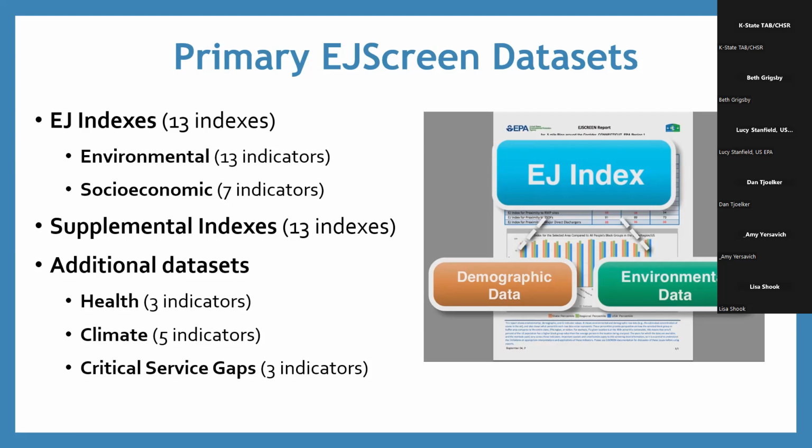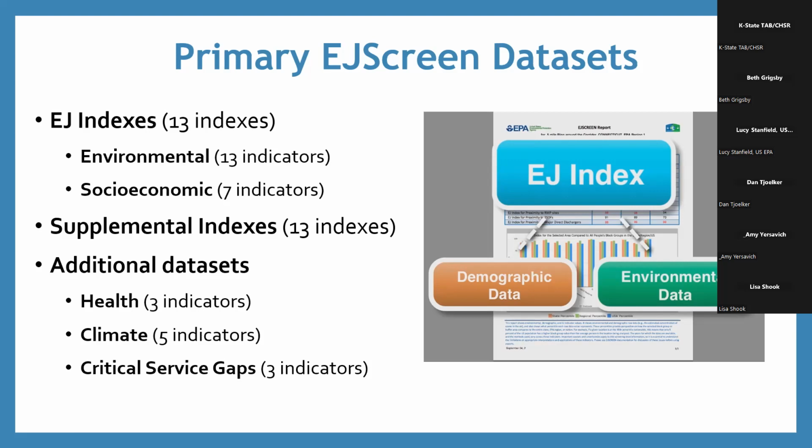The data set also includes supplemental indexes. The primary difference between supplemental and the main EJ index is that the people of color data set is not included in the supplemental index.